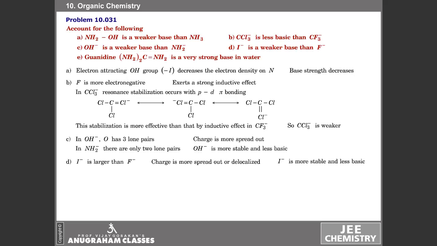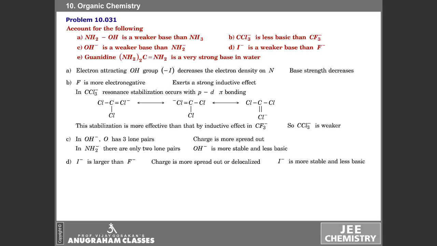We have guanidine, which is a very strong base in aqueous solutions compared to the amines. Amines are not as basic as guanidine. It's an example of a very strong base.